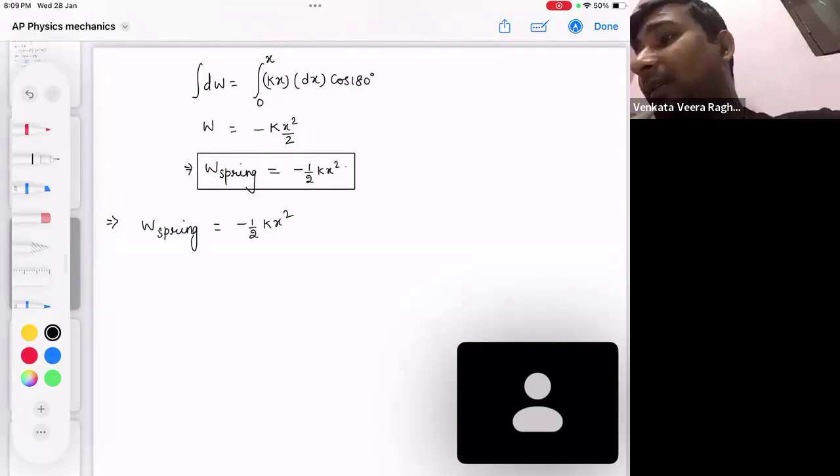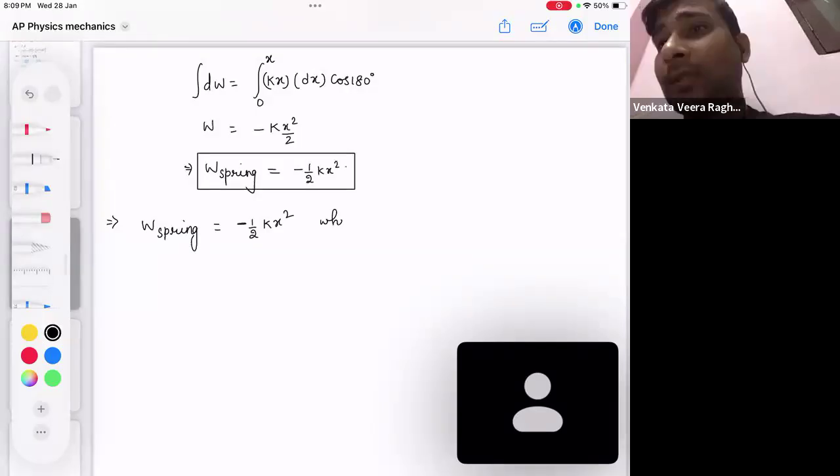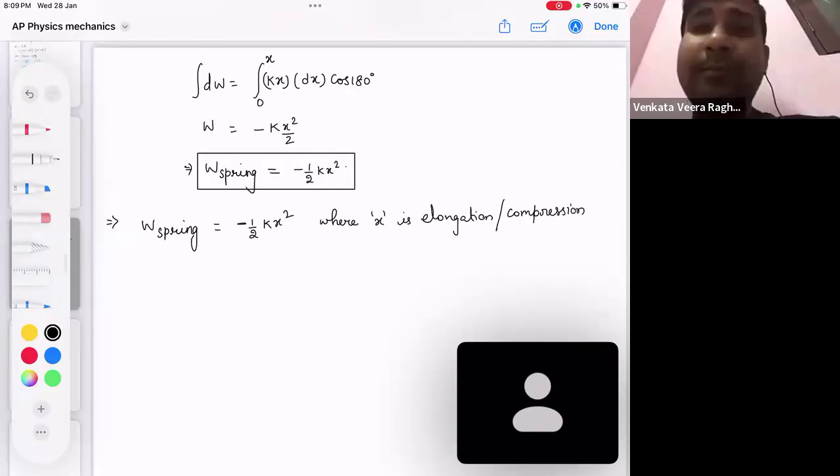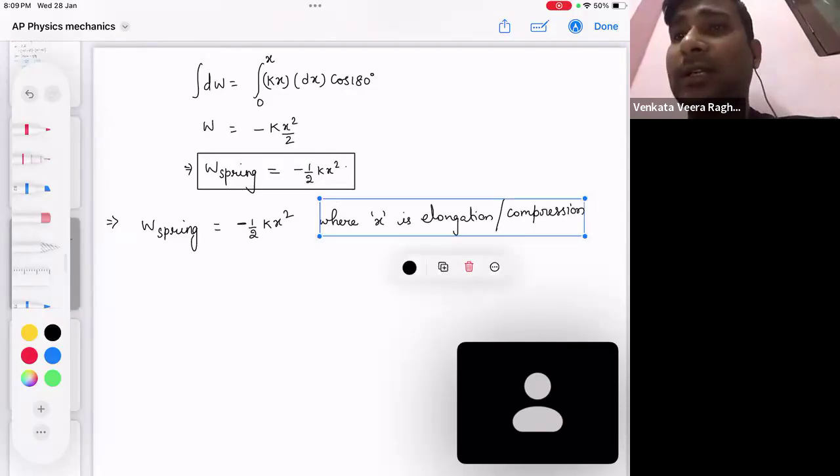Here, x is either the elongation or the compression. Understood? So here the work done by spring is coming negative, where x is elongation or compression. It can be anything. In the formula, x is always the elongation or compression.